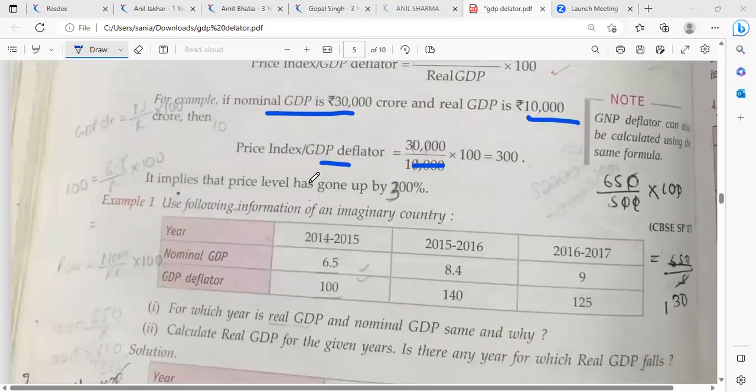Only one formula we discussed or two? Good, and current price index. Okay, so over here, can you solve this question? You have to find real GDP and nominal GDP, and then calculate real GDP for the given year. Is there any year for which real GDP falls? Clear? First you will take this, then solve for 2015, and then for this. For every year you have to find the difference. Okay? Yes, ma'am.